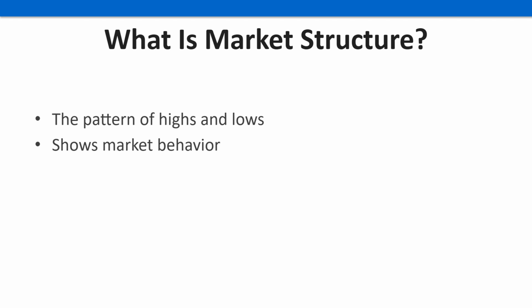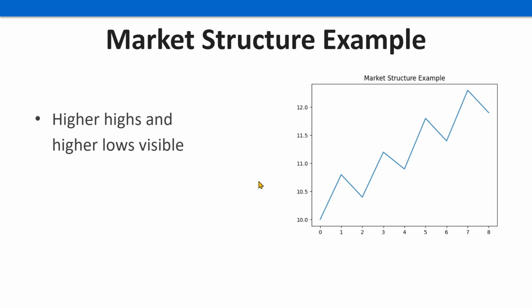It gives context to every price movement. Here's an example. Here you can see higher highs and higher lows clearly. This confirms bullish structure. Structure gives meaning to price, not just movement.